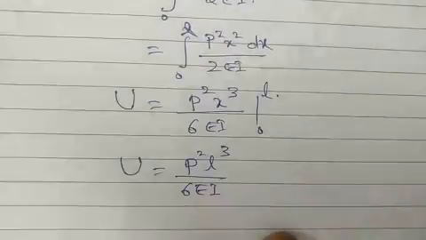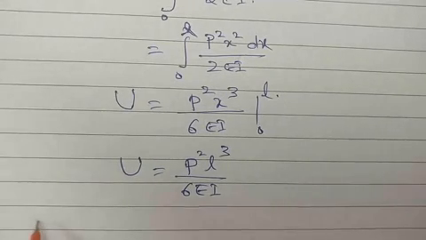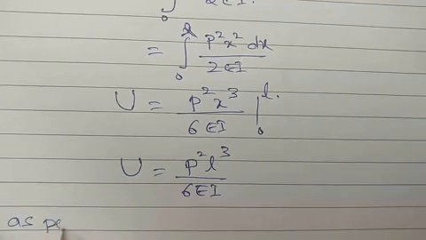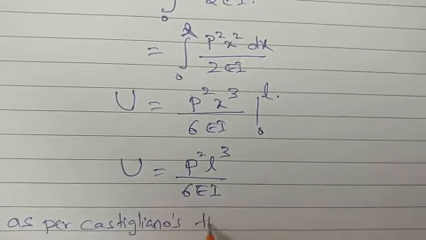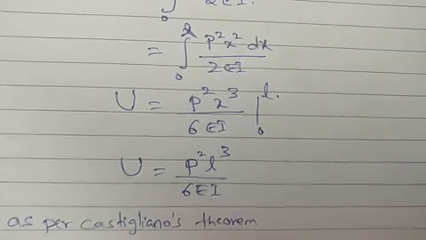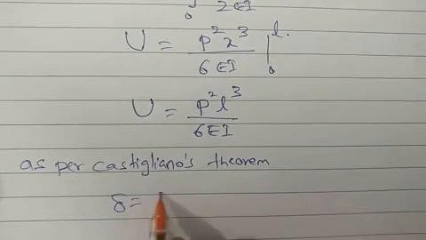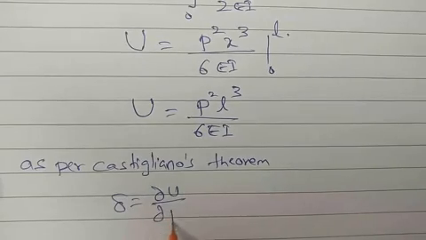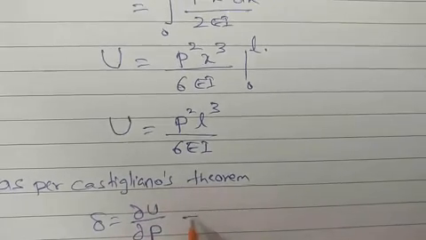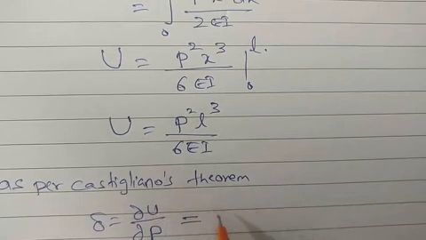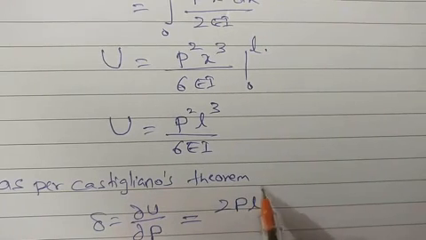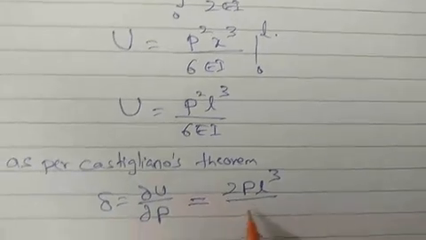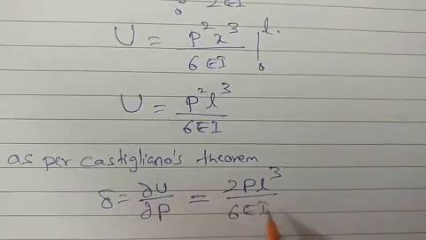So what is Castigliano's theorem? As per Castigliano's theorem, delta is equal to dou U by dou P. That implies differentiation above, P square will become 2P, 2P L cube by 6EI.